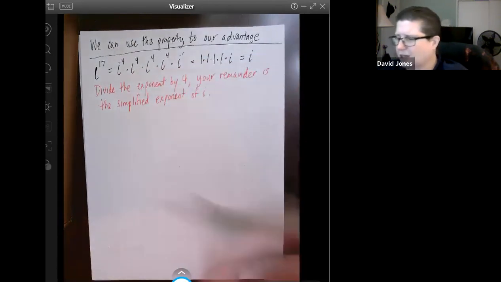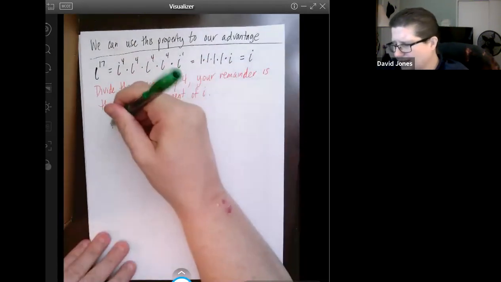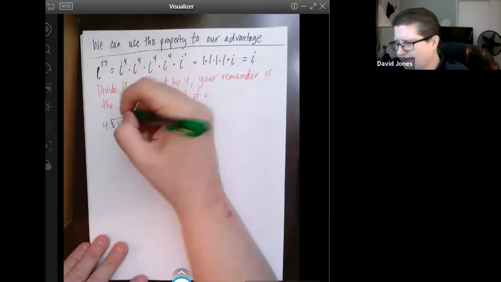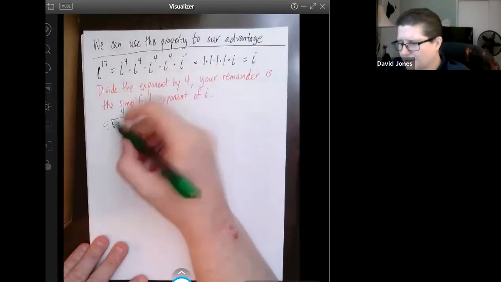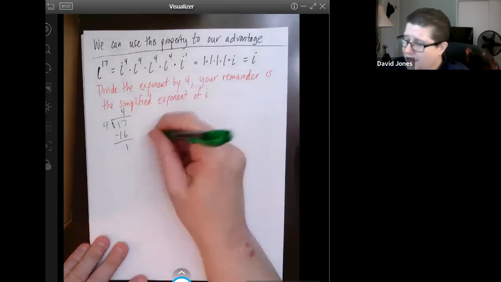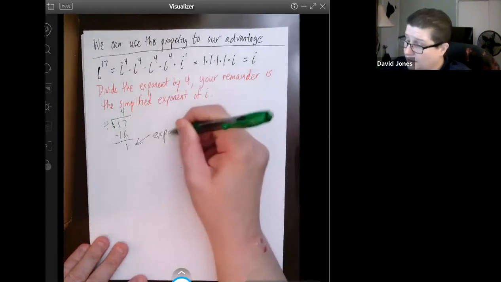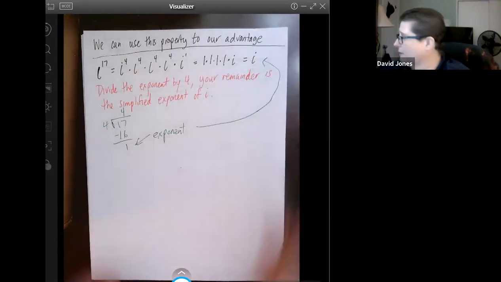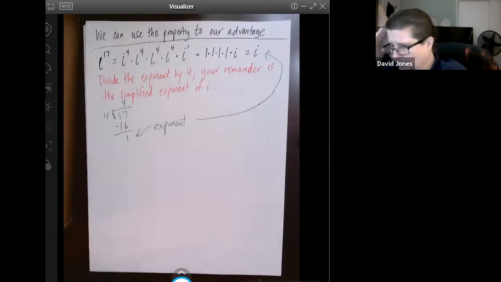So if I did that here, I'll divide 17 by 4. 4 goes into 17 4 times. 4 times 4 is 16. We subtract, I get 1. That's my exponent. And notice that's what I had right there, i to the 1st power. How does that help us?